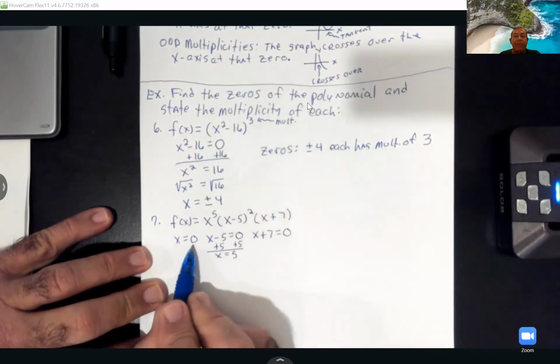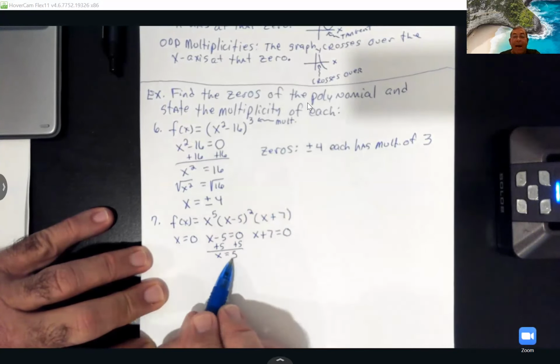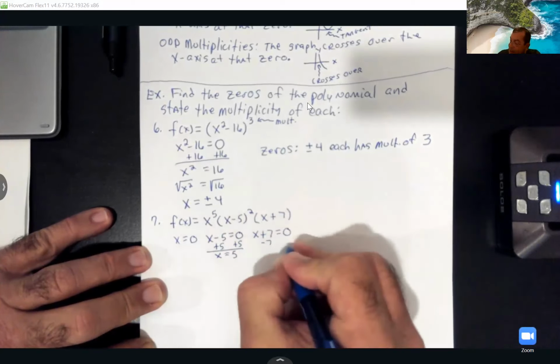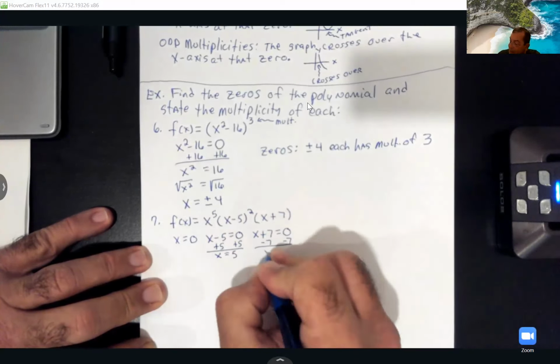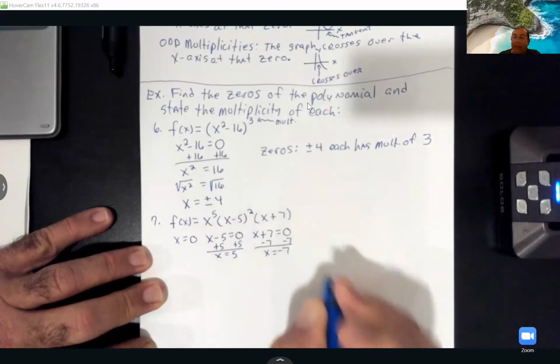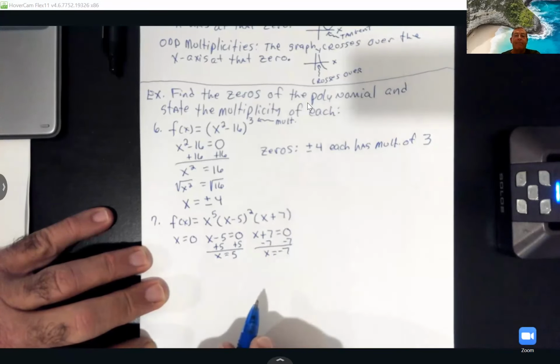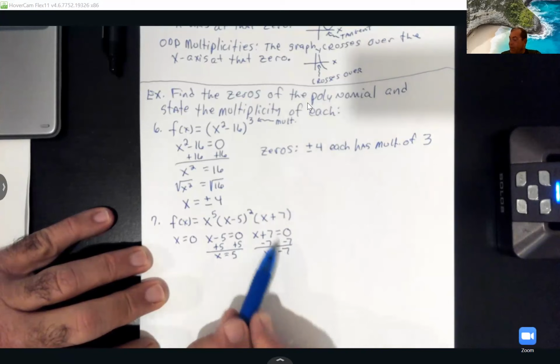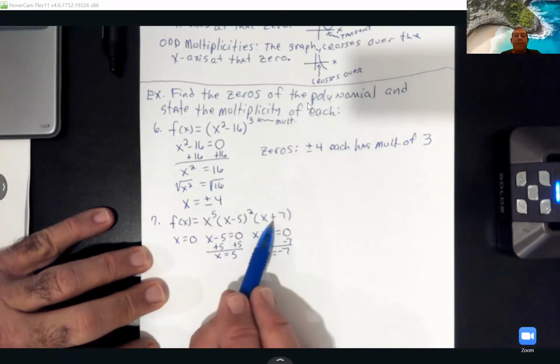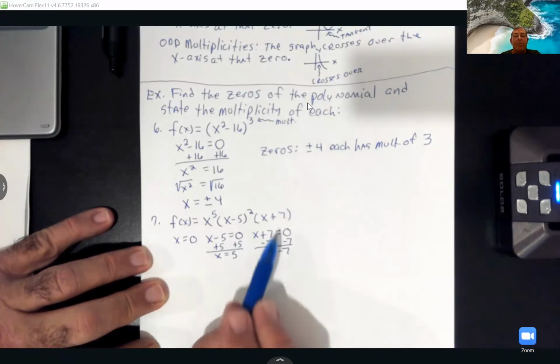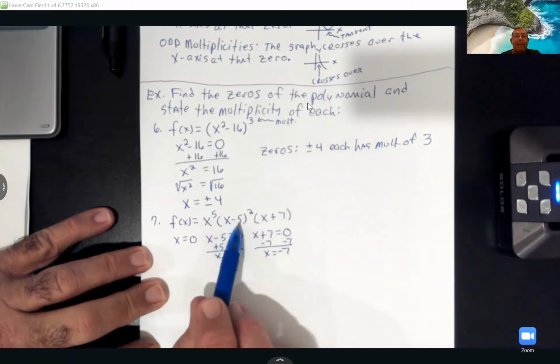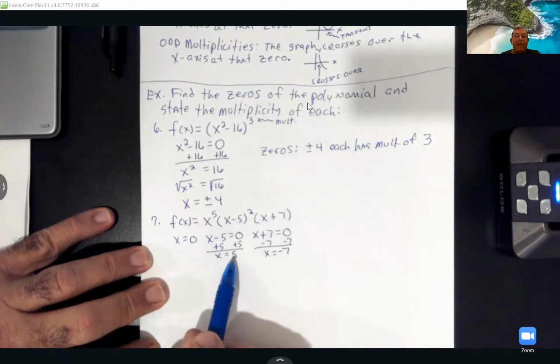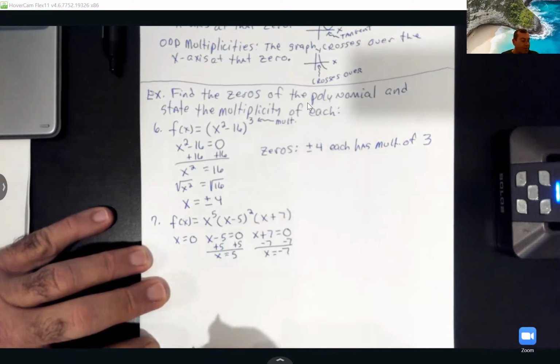So I got a zero of 0, a zero of 5. And then my last one, I will subtract 7, and I get -7. So notice the factors and the zeros always have opposite signs. That x minus 5 factor gave me a 5 as a zero.